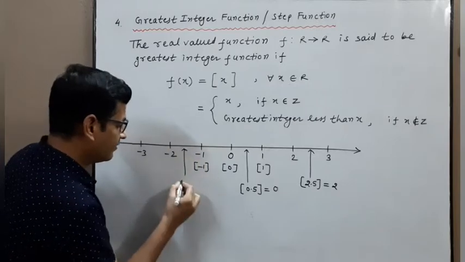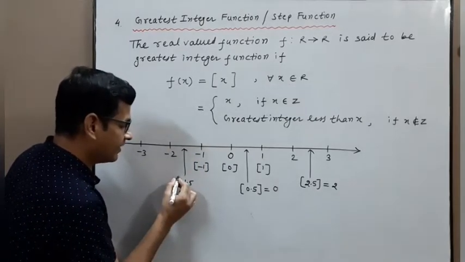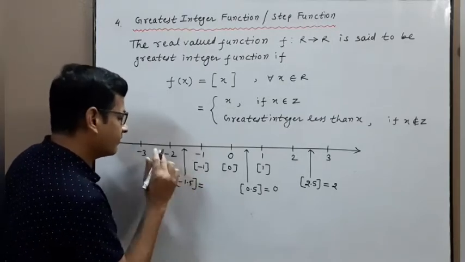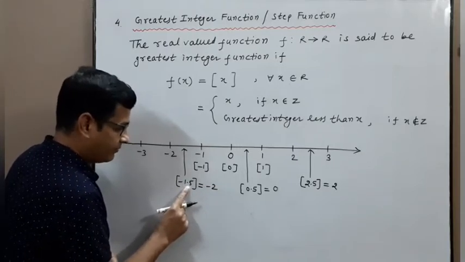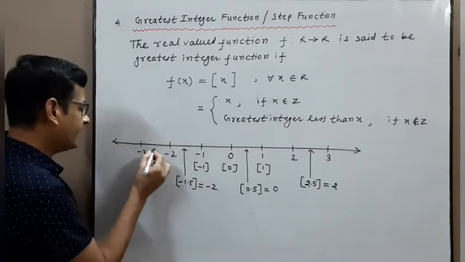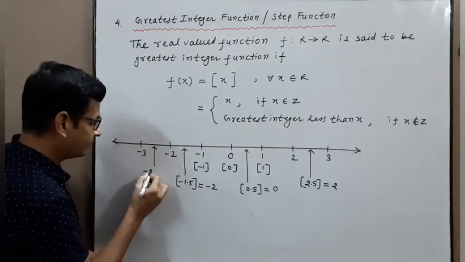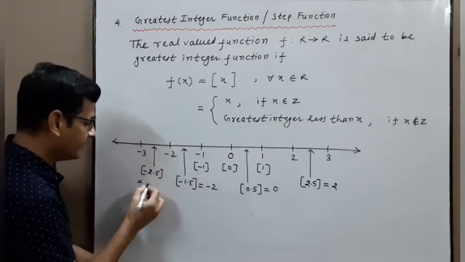Greatest integer of minus 1.5. Now find the greatest integer of that number. It is just the left one, the greatest integer less than minus 1.5. If we take minus 2.5, it is equal to minus 3.